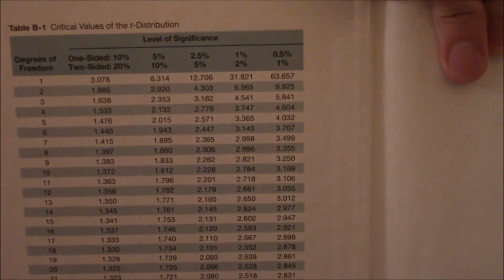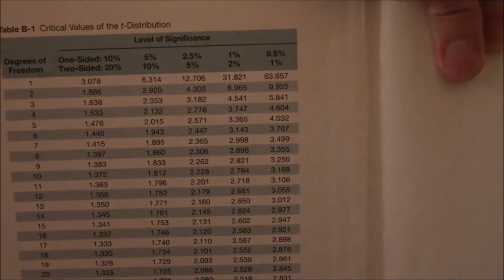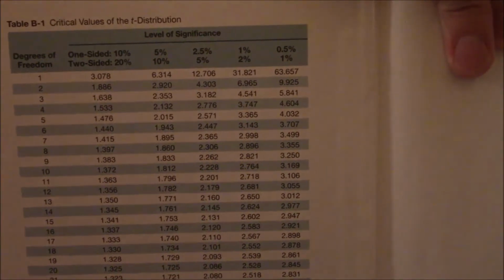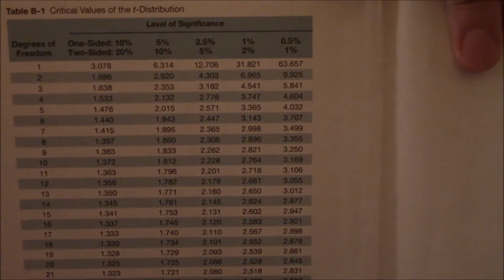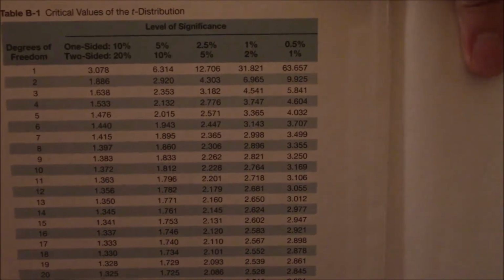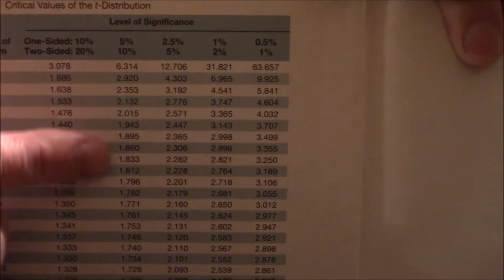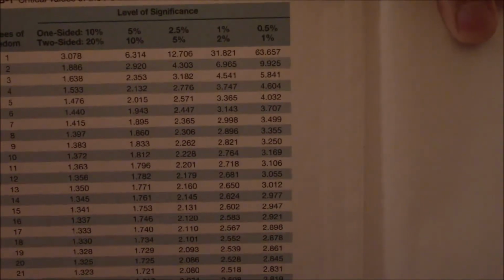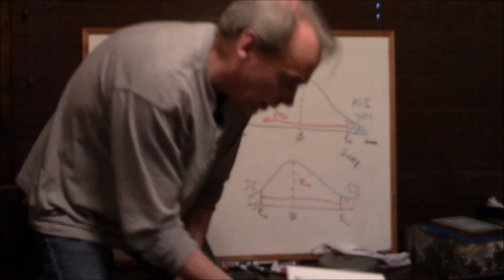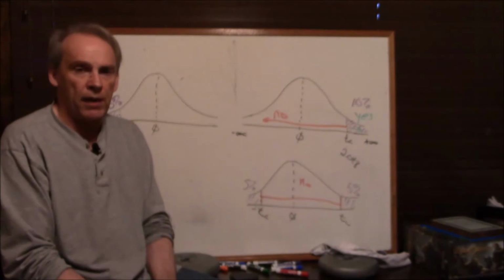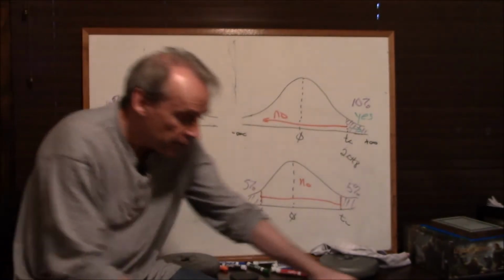Second question is, what level of significance am I shooting for here? What's going to be my standard? And we're going to vary that on different homework problems just to give you practice. Let's say one-sided 5%. So we're clearly going to use this column right here. One-sided 5% is that column. Now, the last piece of information I need is the degrees of freedom.